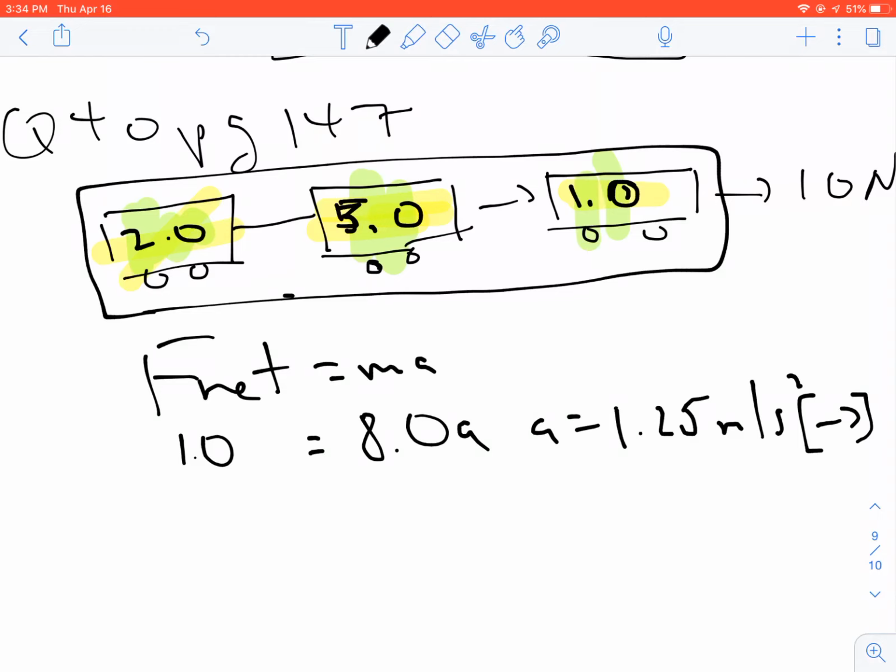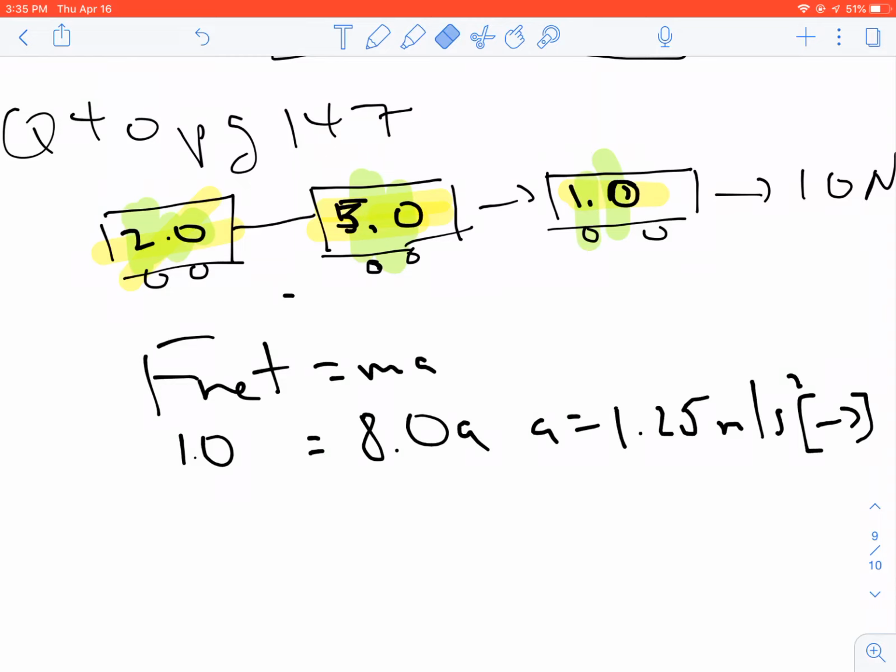Now it says, what would be the tension in the string between ducks 1 and 2 and between ducks 2 and 3? So like before, let me get rid of this one. If I call this T1 for first string, T2 for the second string, and T3. So for part B of the question, it's saying, what is force T2? Now, I can look at this in two ways.